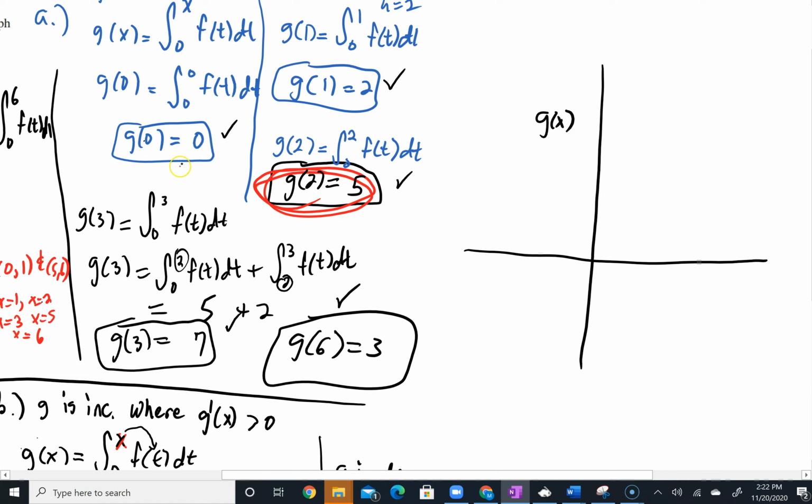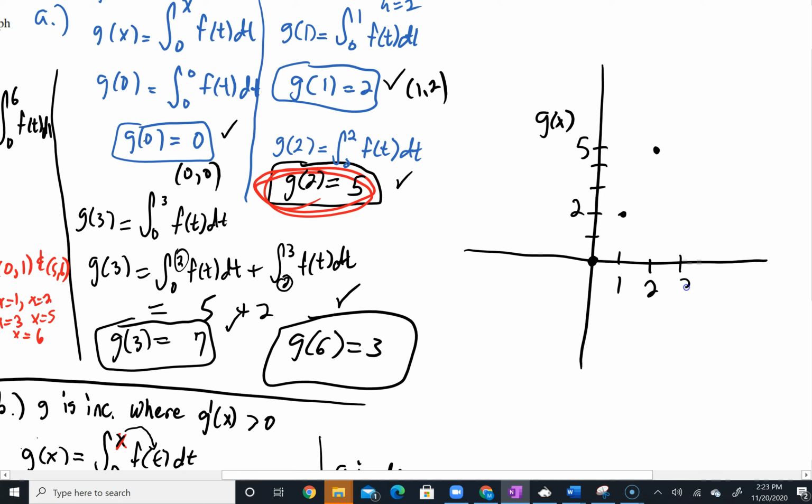G of 0 is 0. That's saying that you've got the point (0, 0). That's right here. You have g of 1 equals 2. That means you've got the point (1, 2). G of 2 was equal to 5. And sometimes we're going to make a much rougher sketch here.